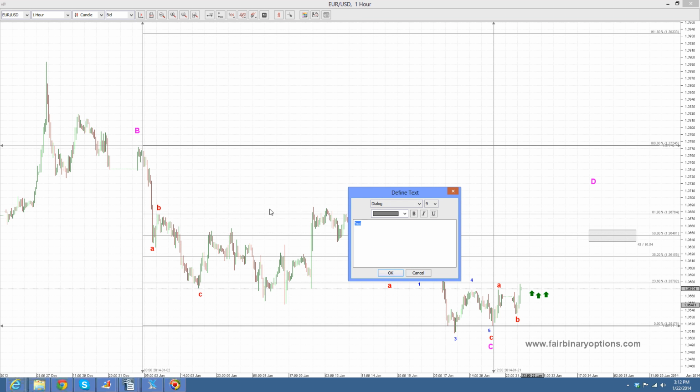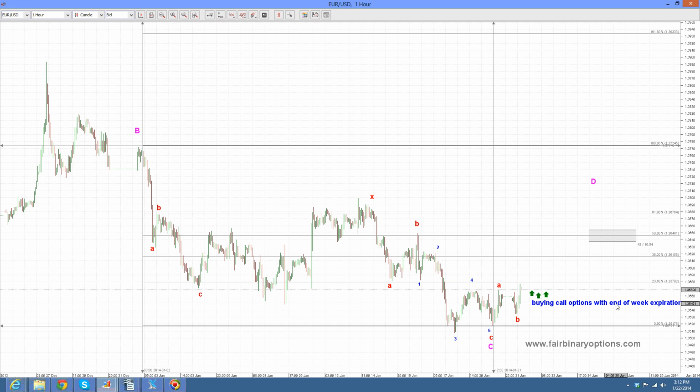So buying call options with end of week expiration date is what we're looking for here and what we are doing here. Remember, end of week implies Friday 21 GMT when the US markets are going to close, and that would be our expiration date.